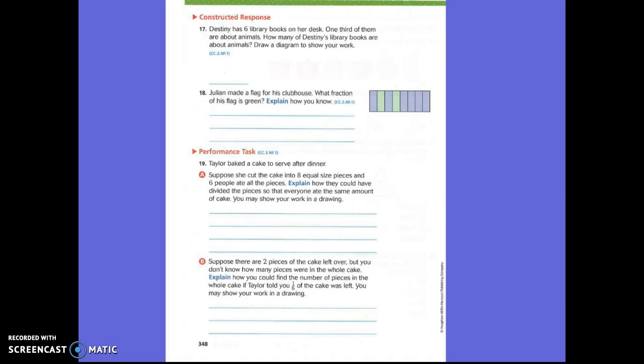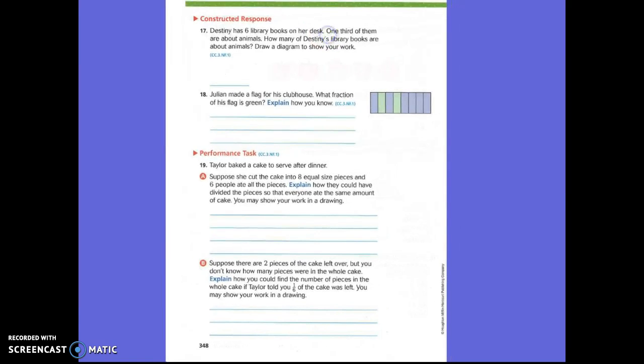Why? Because that's how many we find. Okay, but where do we find that at? We find that in the 1/3, which is the fraction, guys. Yes, you were right, Cooper.